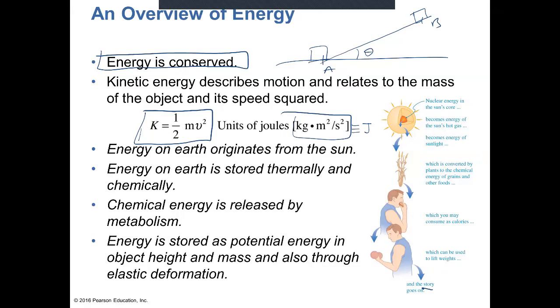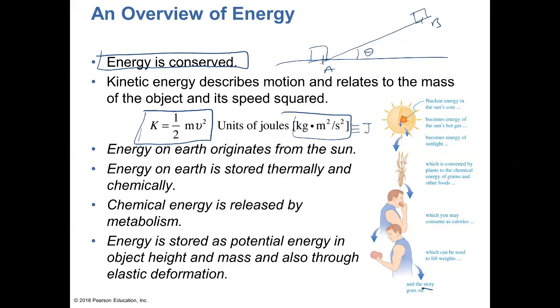All right, so we'll use another definition for joules in a little bit, but you can see that in terms of fundamental units of length, mass, and time, the joule is kilograms times meters squared per second squared. All right, so that's the unit for energy, any type of energy.